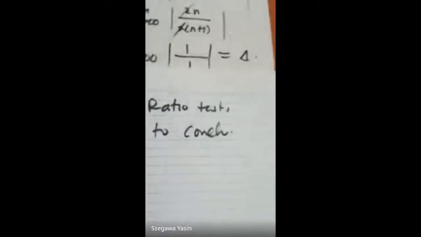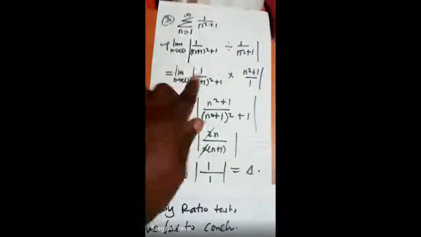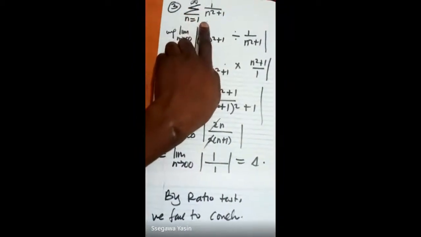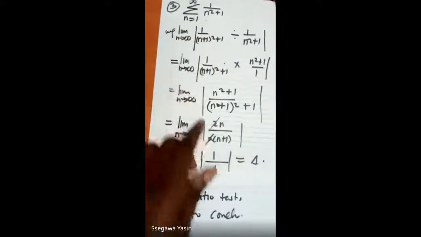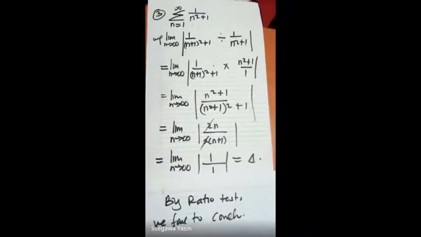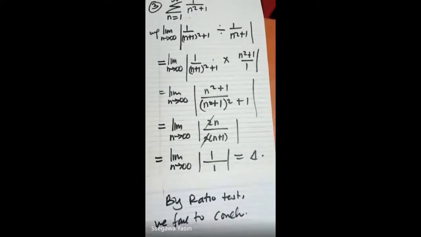And some people, okay, let me display number 3. Those who have just come late, I think you are going to follow up in the next concept. This is question number 3. We are determining whether it is divergent or convergent using ratio test, and this is the working there. So, hope other people have finished.